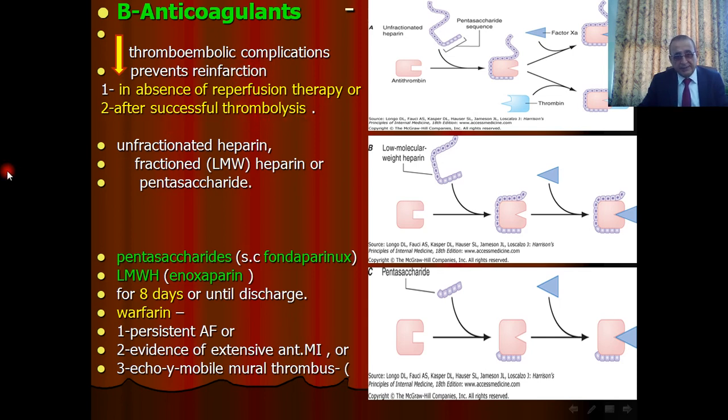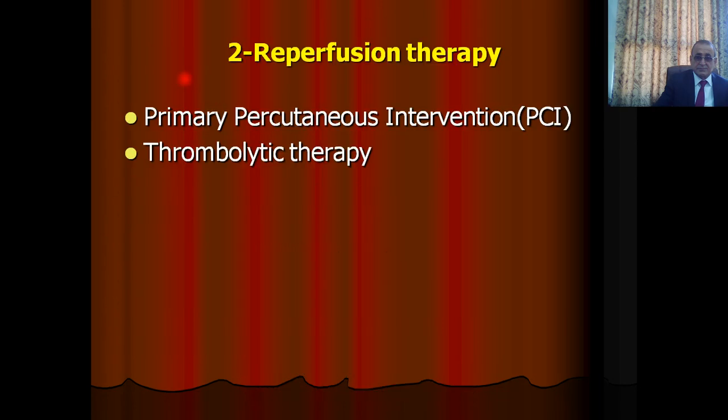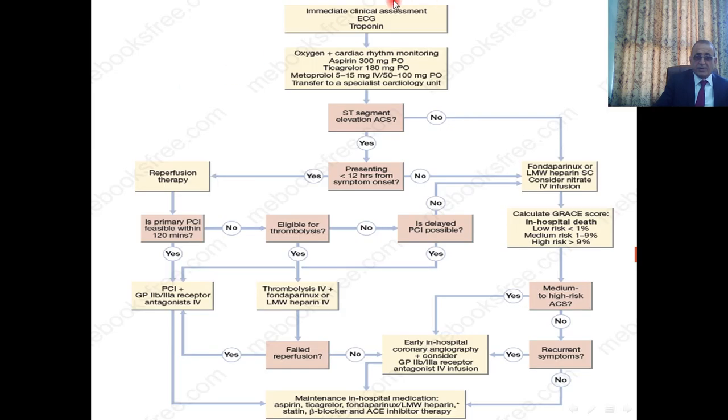Patient with ST depression and T inversion, to prevent propagation of the thrombus, to prevent thrombus being complete, you give low molecular weight heparin. So the heparin has a role in both complete ST elevation and in ST depression.